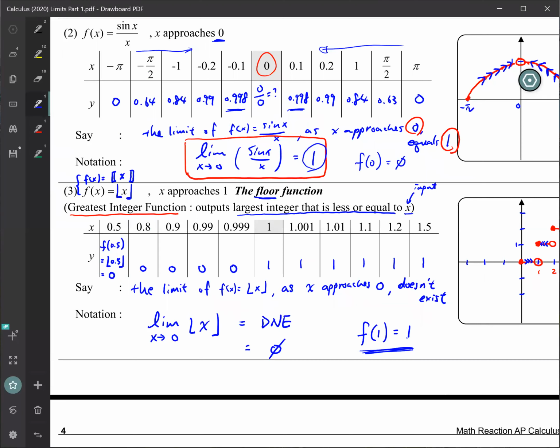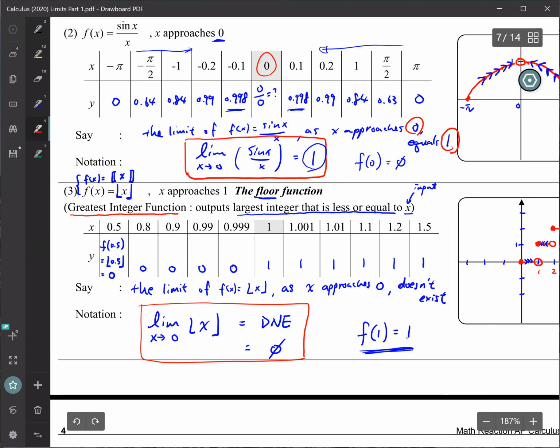However, the limit is what? Number 3. Oh, it doesn't exist. Yeah, it doesn't exist. So it's the opposite. Having a point at the target does not guarantee you get a limit. Okay, that's the point I'm trying to get across.